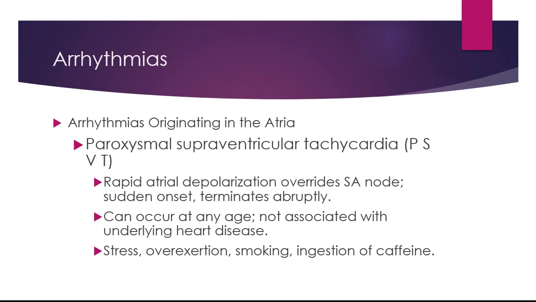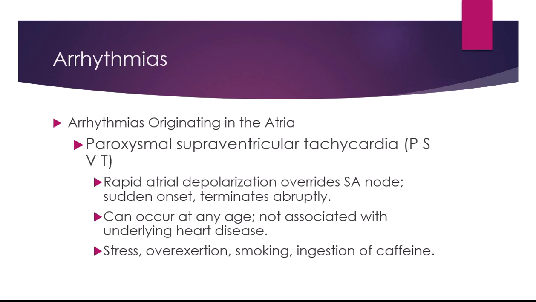PSVT, paroxysmal supraventricular tachycardia. Basically what is happening is that there is a site in the atria that has gone rogue, and it is firing fast. Generally faster than 140 beats per minute, okay? Anything for this class, and you'll see different things in your book, anything up to 140 with everything else being normal.